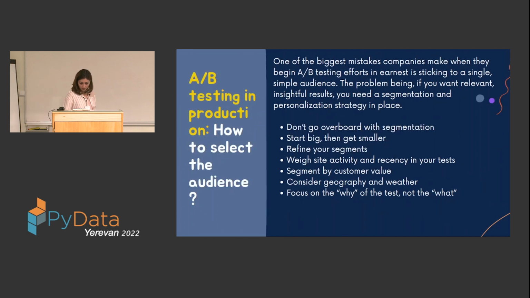So let's see how all this math converts to production. Some tricks from product companies: don't go overboard with segmentation. For example, you have a recommender system and you only know that your audience is women.